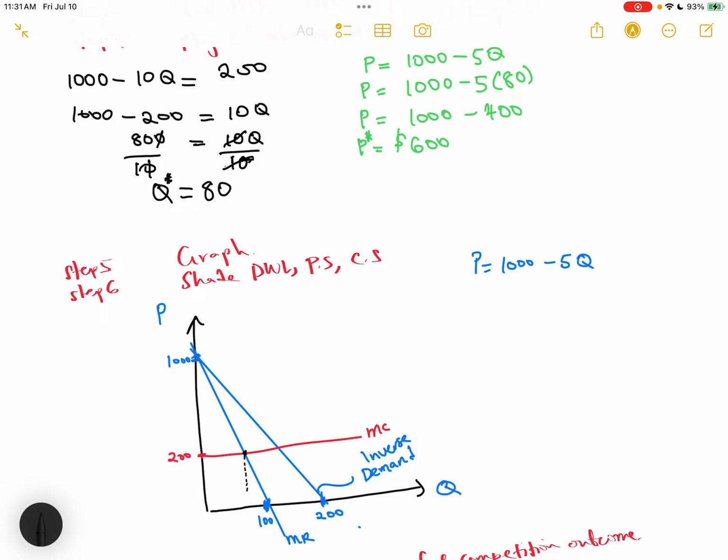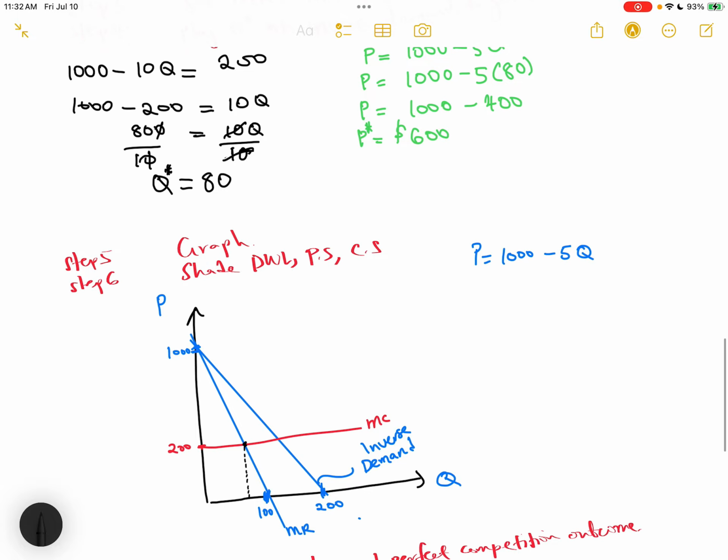So the Q star there, which is what we just calculated, Q star equals 80. We are deducing along the Q axis that Q star is equal to 80, because we projected a vertical line from the intersection between marginal revenue and marginal cost to touch the quantity axis.